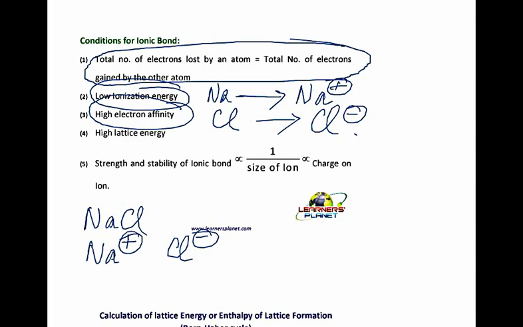Lastly, the strength and the stability of the ionic bond is proportional to 1 by the size of the ion, and proportional to the charge of the ion.